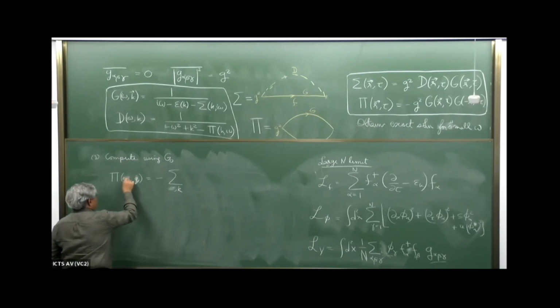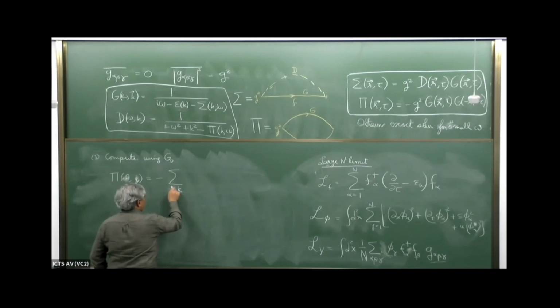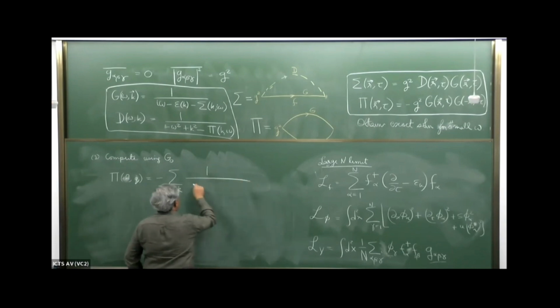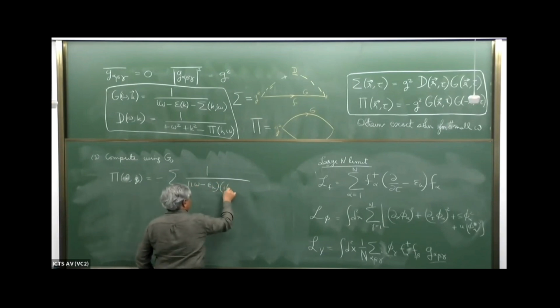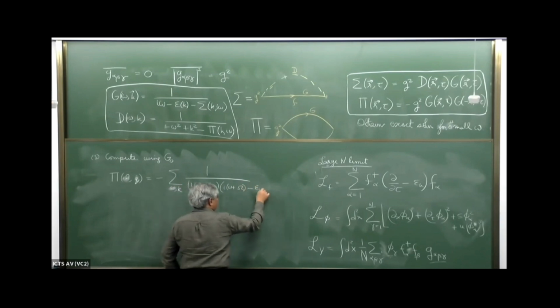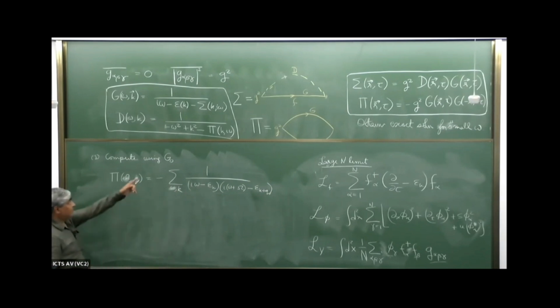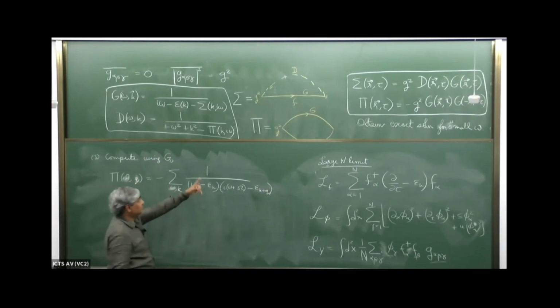I'll call this capital omega and Q, sum on omega and K, 1 over i omega minus EK, and i omega plus i capital omega minus EK plus Q. All right, that's just the bubble diagram with the bare Green's functions.